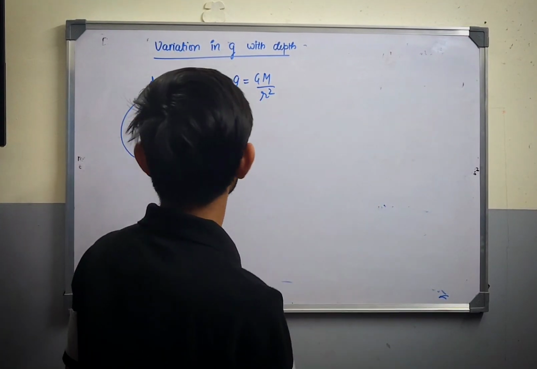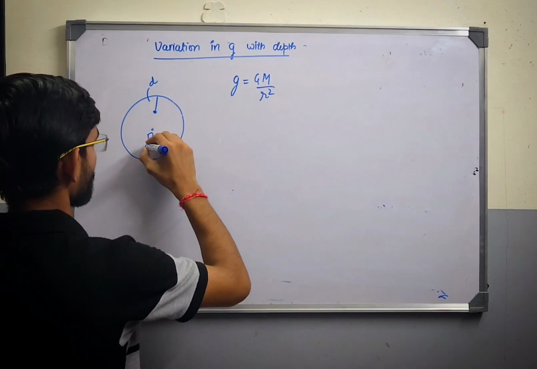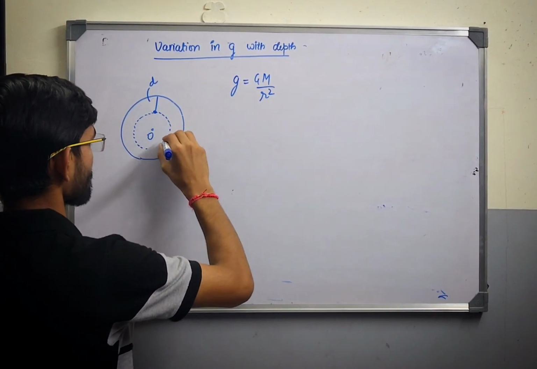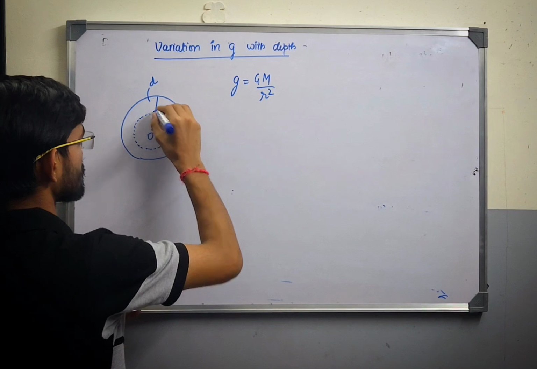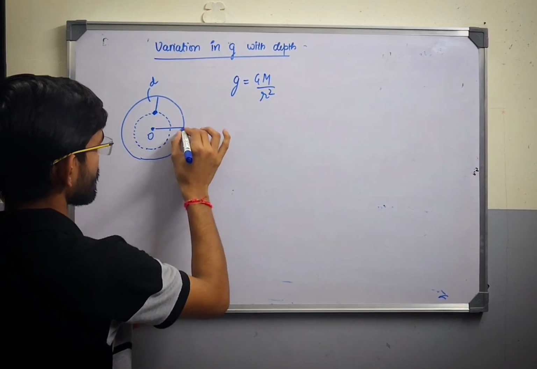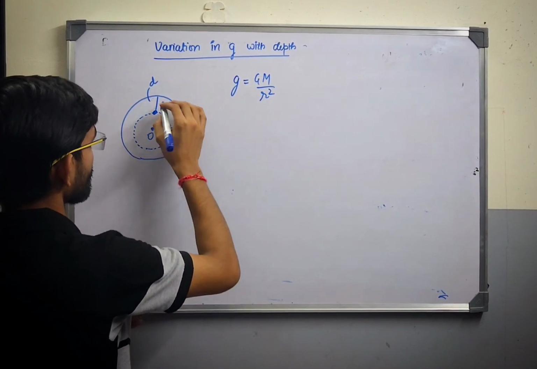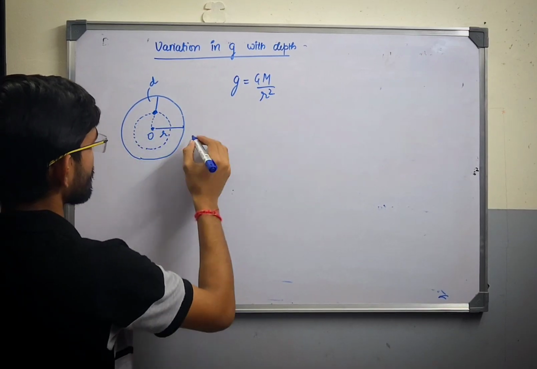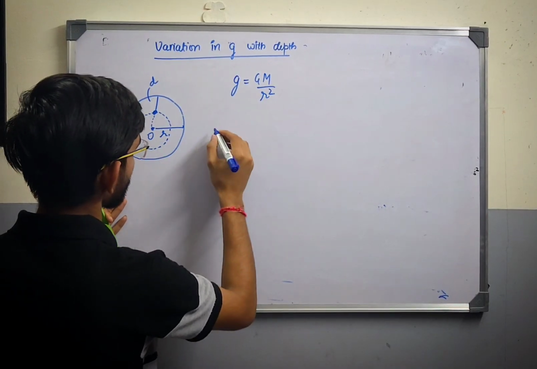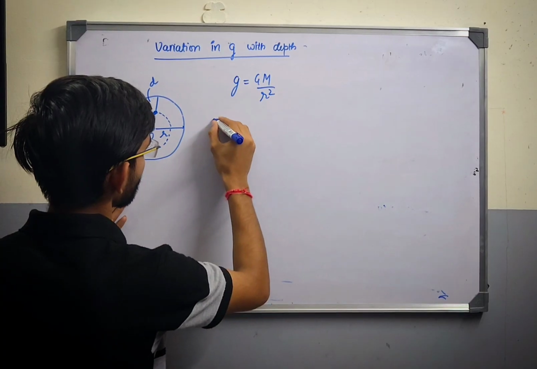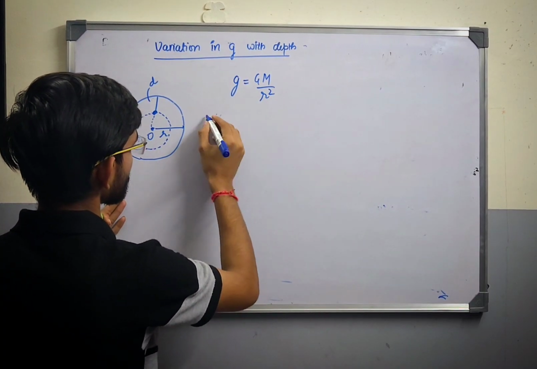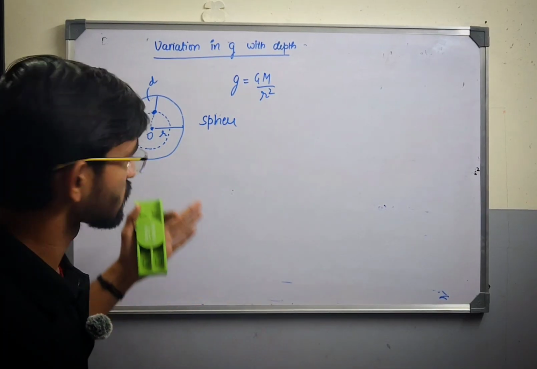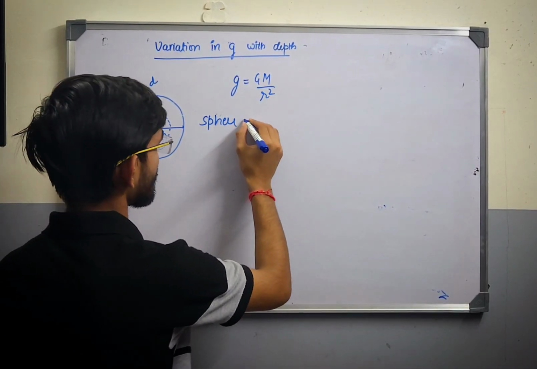You are at this point. Say the radius of Earth is r. This is sphere 1, that is, we are considering Earth as a perfect sphere for this calculation.